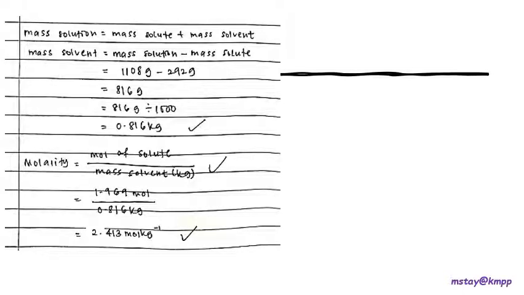With the mass of solution minus the mass of solute given in the question, we are able to get mass of solvent. The student converts the unit of gram into kilogram and then substitutes into the formula, and finally the student is able to get the molarity correctly.